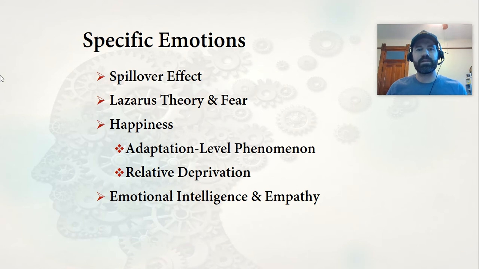And then our last slide, just some other big terms that we talk about when we talk about emotion. The spillover effect is this idea that if we change a cognitive appraisal, then it's possible to change an experienced emotion. And so I like to give the example of stepping off of a roller coaster. When you're on the roller coaster and your heart's beating really fast and your pupils are dilated and you're sweating, you're likely afraid, right?